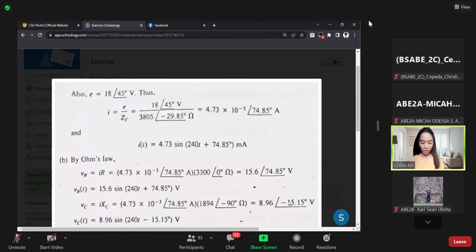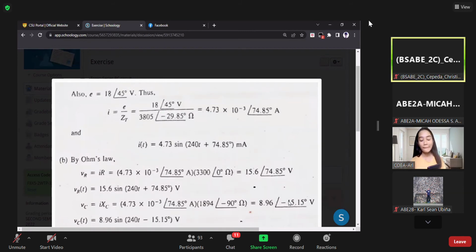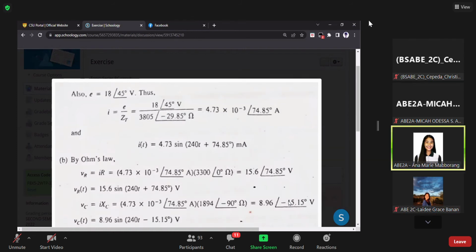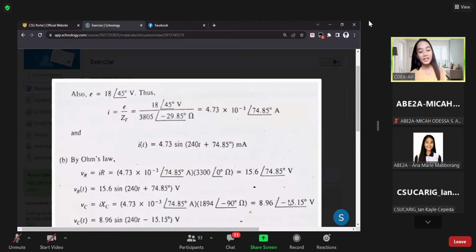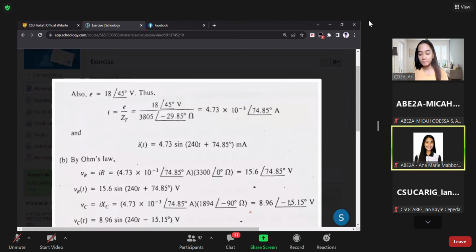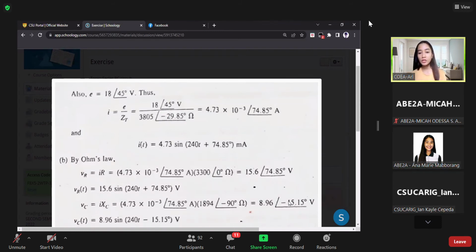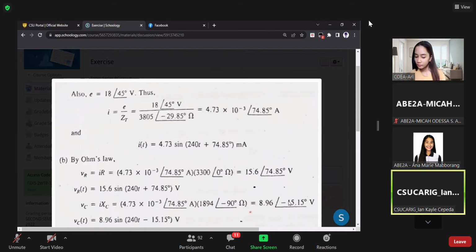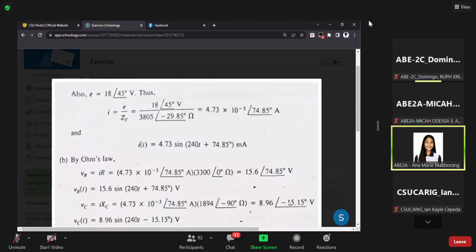What is the angular? The polar or the angular? In decimal. Kindly convert. Ma'am, 74.85 degrees po. Yes, 74.85 degrees. How about the magnitude? The magnitude is the outer value of the angle sign. 4.73, ma'am, times 10 raised to negative 3 po.